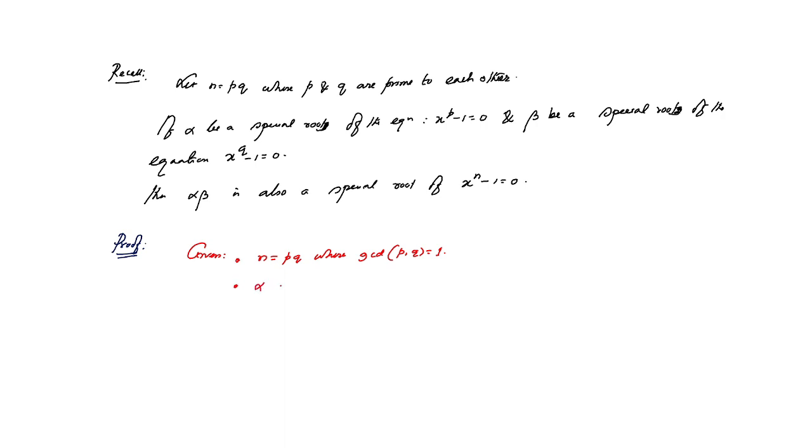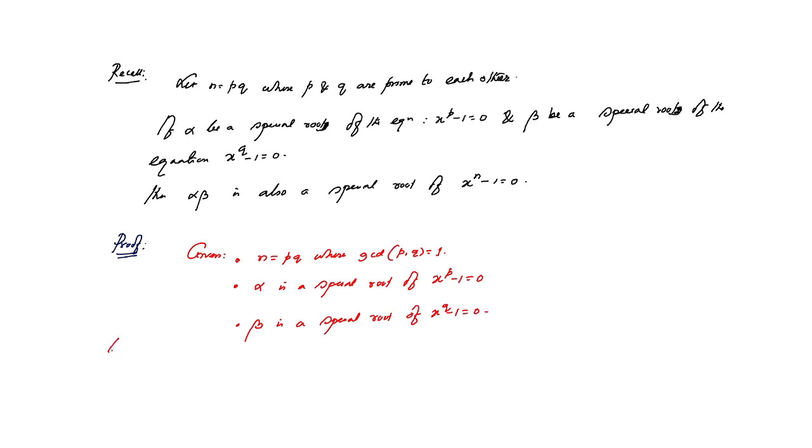The second information, alpha is a special root of x to the power p minus 1 equals 0. The third information, beta is a special root of x to the power q minus 1 equals 0.